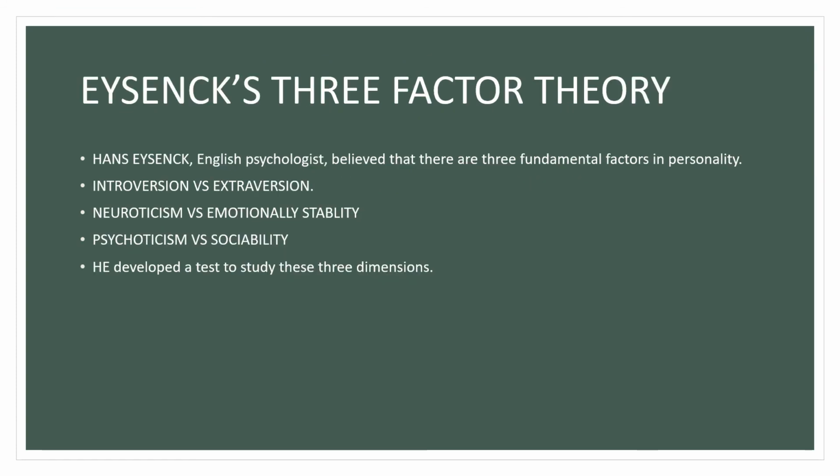The next theory that comes under trait approaches is Eysenck's three-factor theory. According to him, personality could be reduced into three broad dimensions: introversion versus extroversion, neuroticism versus emotional stability, and psychoticism versus sociability.